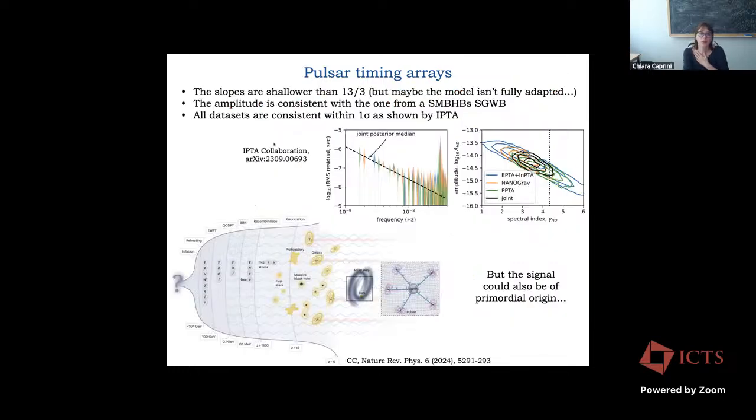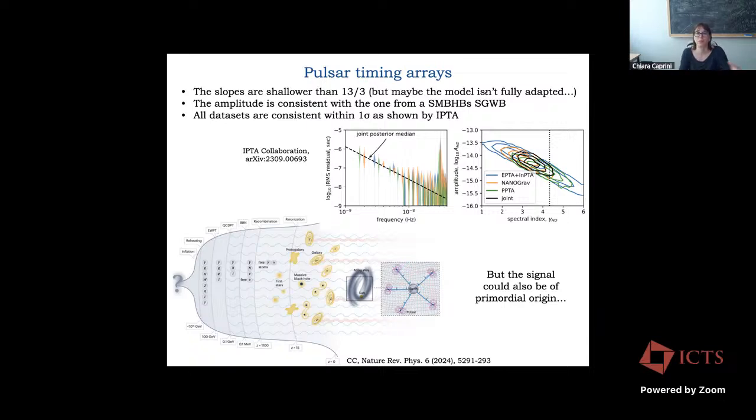Okay, and then there is also a paper that has come out from the International Pulsar Timing Array collaboration that nicely shows that all detections are consistent with each other. Okay, so for all the data sets, for all the collaborations, the slopes are shallower than the 13 thirds that is expected. Okay, but as I demonstrated, the model is probably not fully adapted.